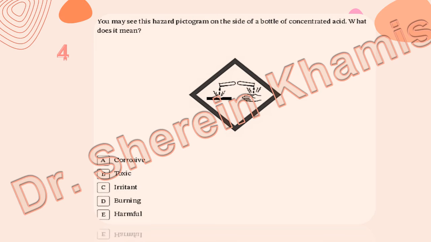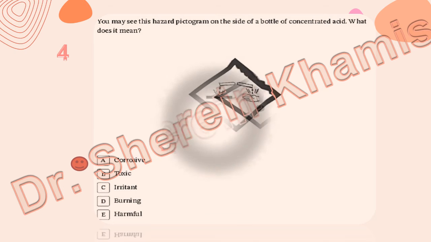It will harm your skin, or we can say it will be corrosive, and children can't touch it or go near it. Okay, let's go to question 5.